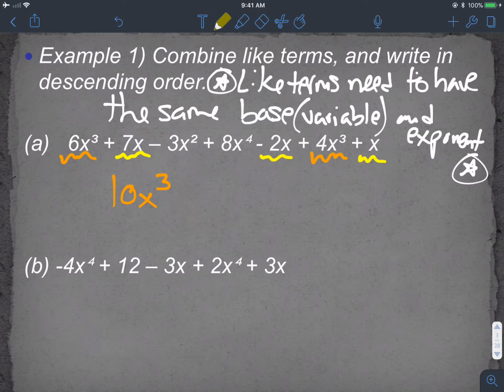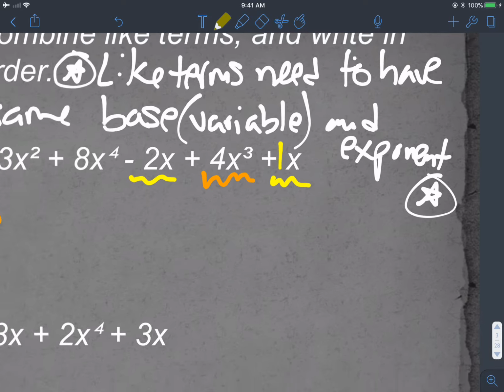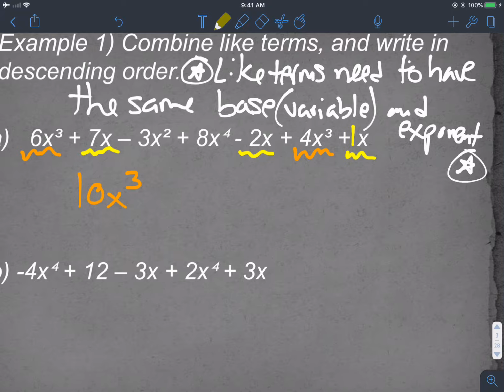All right, 3 lemons. 7 minus 2 plus, so there's like a 1 in front of that, right? If there's nothing in front of it, you can assume there's a 1 there. So 7 minus 2 is 5, and then plus 1 is 6.